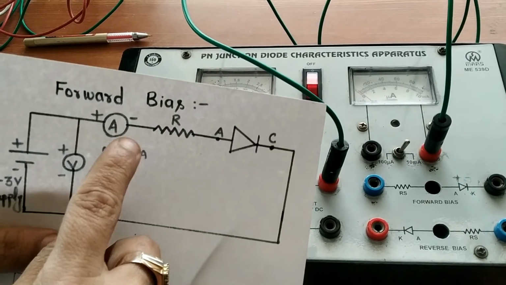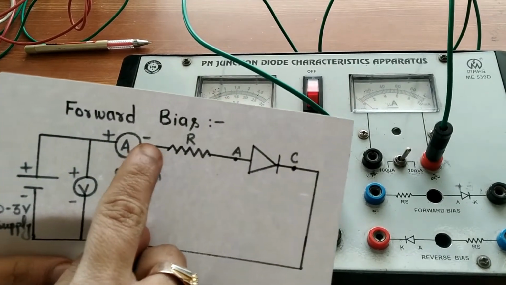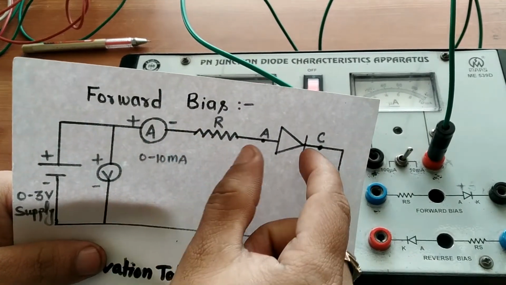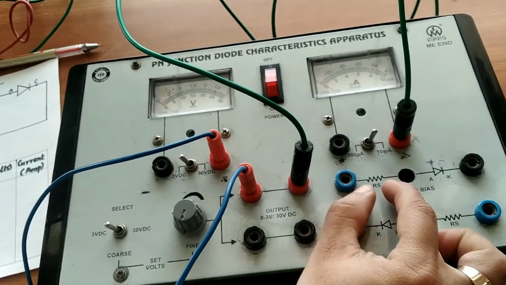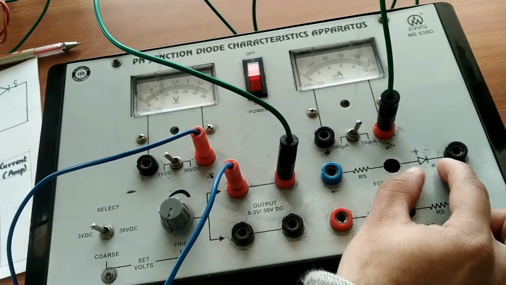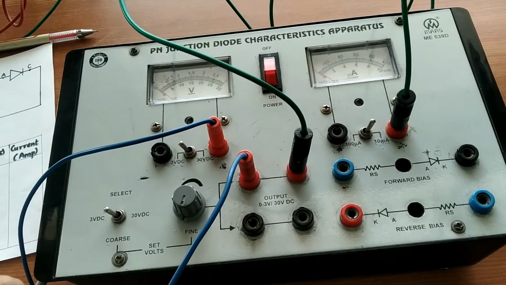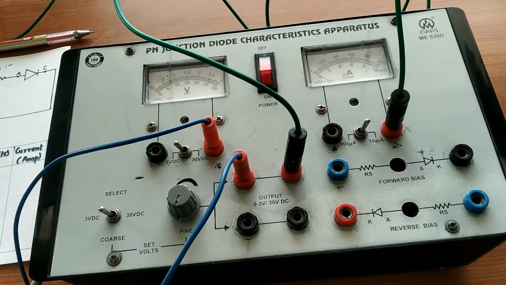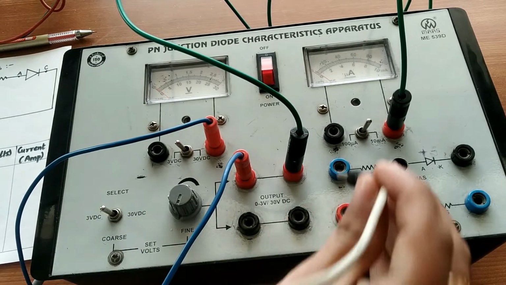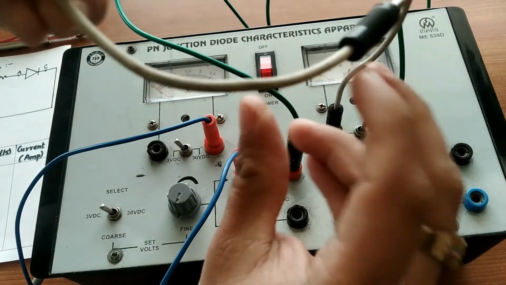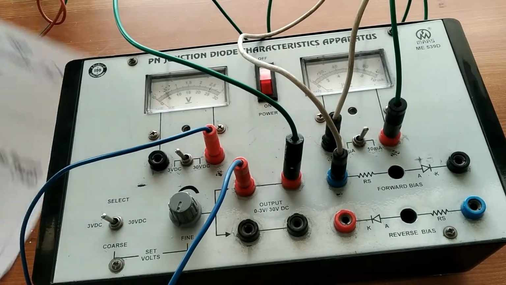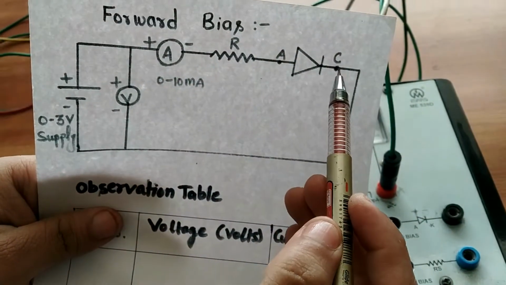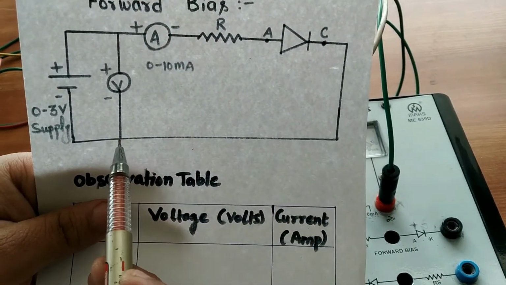Then you can see the negative of this ammeter is being connected to the resistance and a diode. Here we have this resistance and a diode. So we will take a wire and connect it from here. Next, this diode is being connected to the ground.